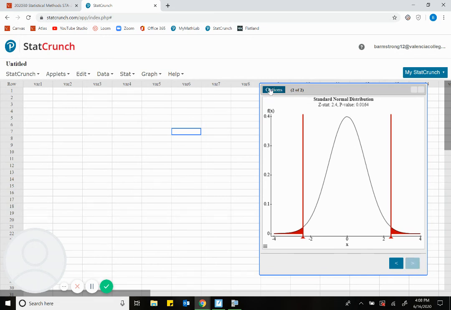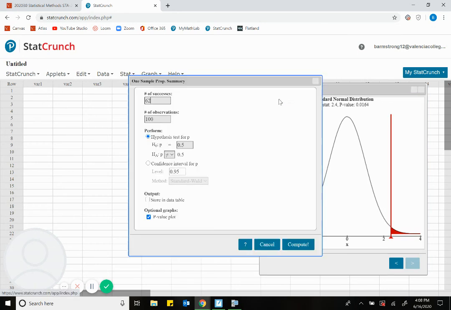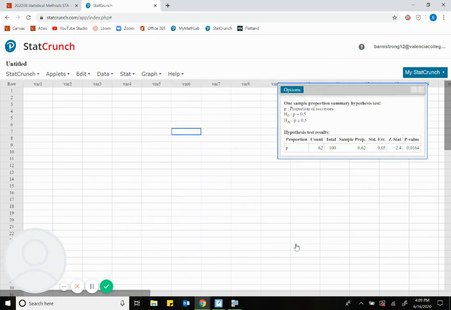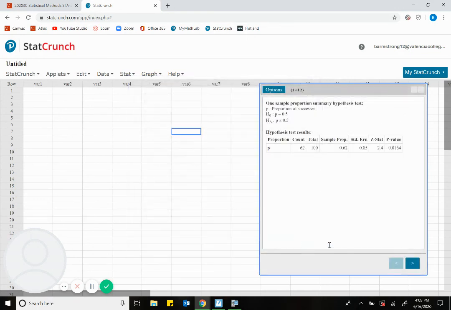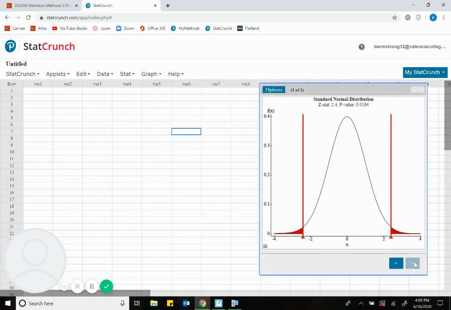The calculator is kind of just like the calculator in here. In the calculator, you can just have it give the information, like what this guy did, which is what our calculator can do when it says calculate, or you can actually have it draw it by selecting p-value plot in the options. And again, you just scroll to the next page, and there it is, the two-tail.